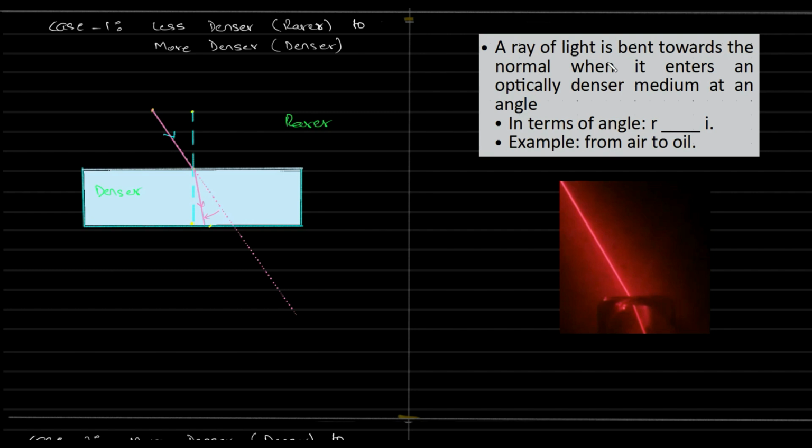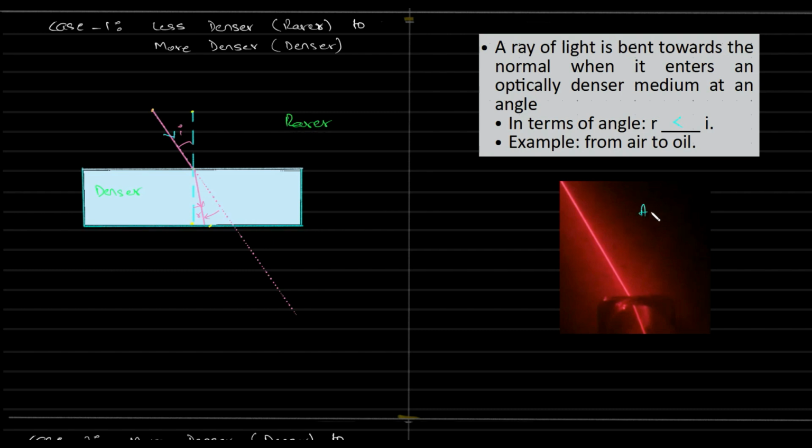A ray of light is bent towards the normal when it enters an optically denser medium at an angle which is other than zero. If you have any positive angle, this happens. This is the observation. So in terms of angles, if I call this angle I, and this is your angle R, clearly angle I is greater than angle R. If not, angle R is lesser than angle I.